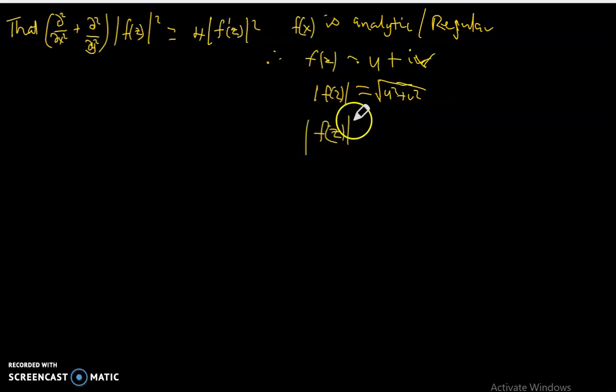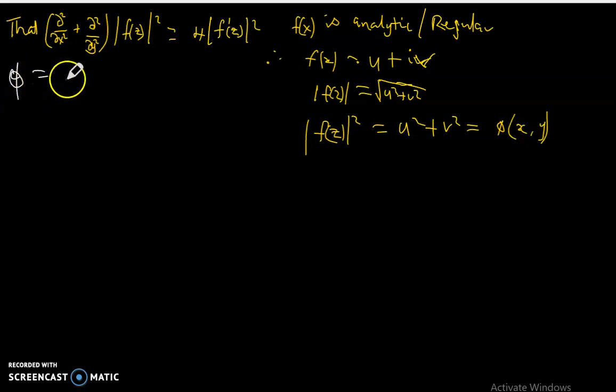When you square this, you will simply get u squared plus v squared, and this will be equal to phi, the function phi that is operating in x and y. So we can say that phi in this case is equal to u squared plus v squared. And let's call this our equation number 1.